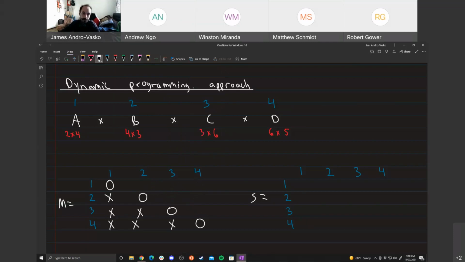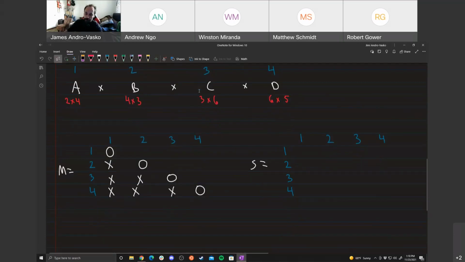Okay, let's work this one out. I want to compute the amount of multiplications needed to multiply M1 with M2. Well, that one's trivial because we're multiplying A with B. So it's simply 2 times 4 times 3.